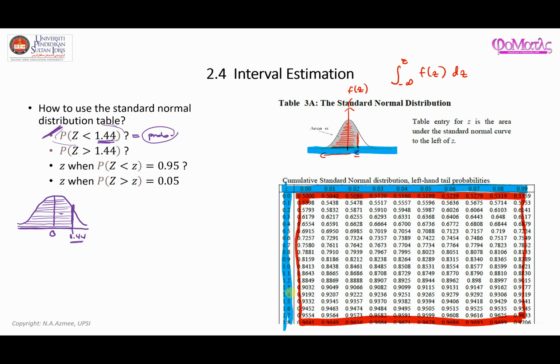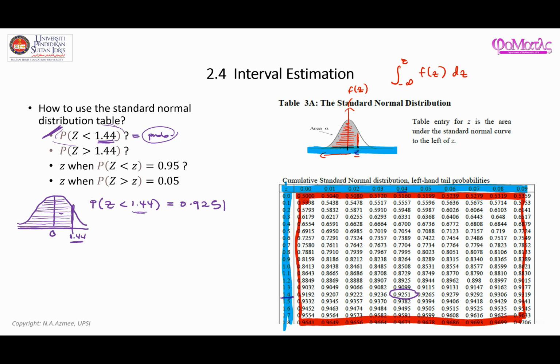This is 1.4 and another 4. So for 1.44, the result is 0.9251. This is the probability because the probabilities are given inside the table. So the answer is probability Z less than 1.44 equals 0.9251.